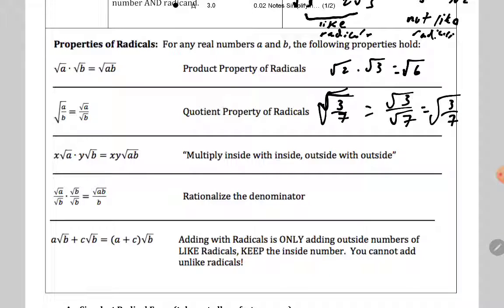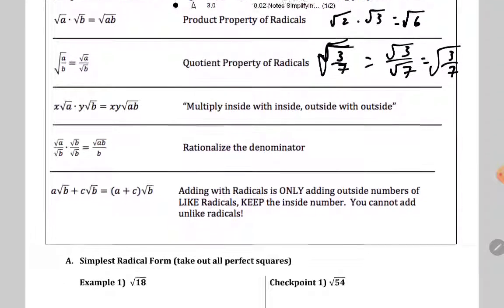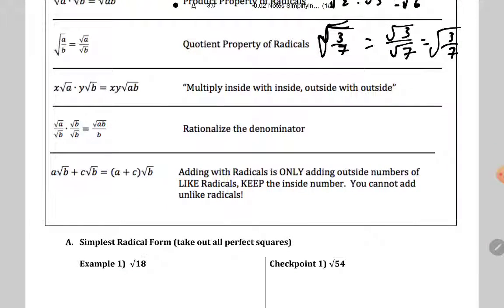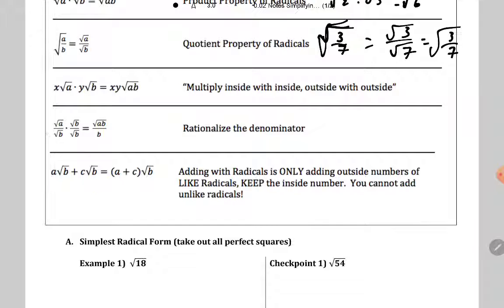When we're multiplying radicals together, we want to take the outside numbers and multiply the outside. Take the inside numbers, multiply the inside. So I'll do that example later on. Rationalizing the denominator: we do not like having square roots in the denominator, and I'll show you how to get rid of that in a bit.